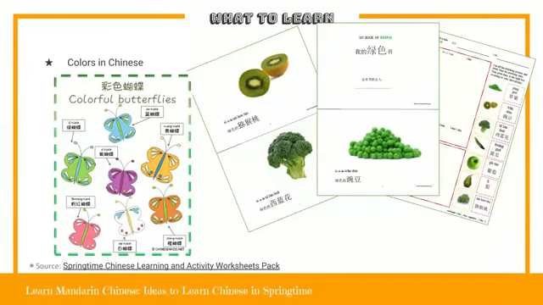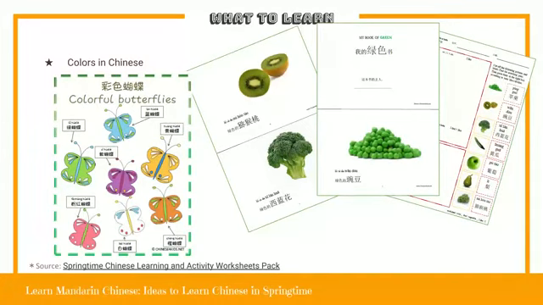So you can say 绿色的豌豆，绿色的猕猴桃，绿色的西兰花. And once the kids learn all the key vegetables and fruits in that color, they can play with those colors by filling up the worksheets.